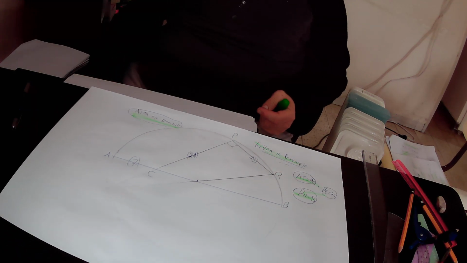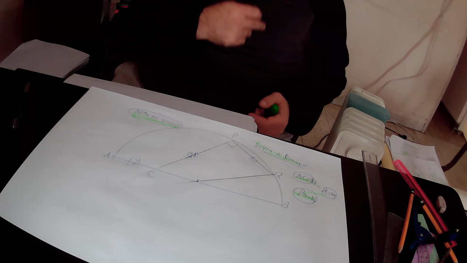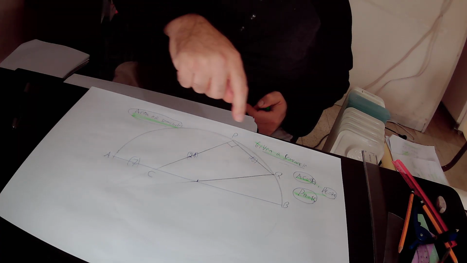In the second question, our task is to find the area of this semicircle APQB. So in the drawing we have a semicircle.